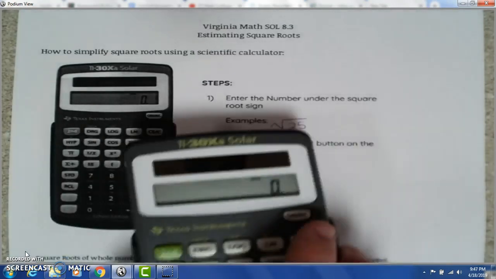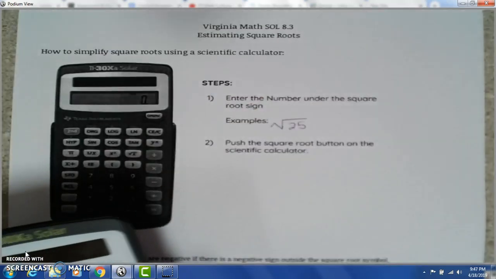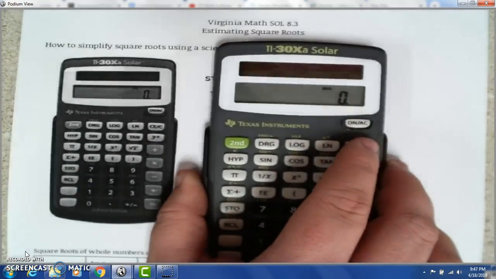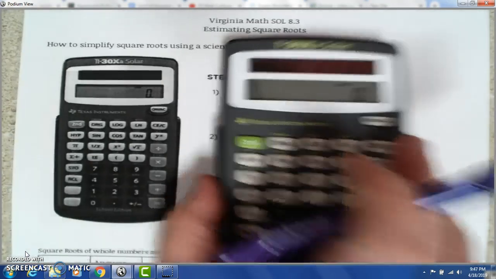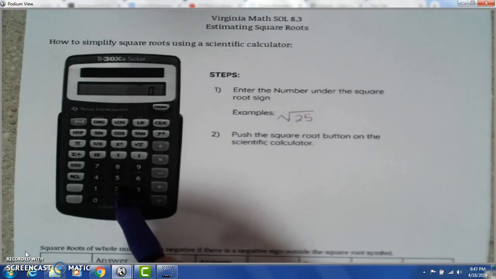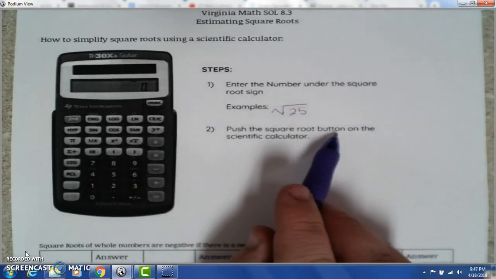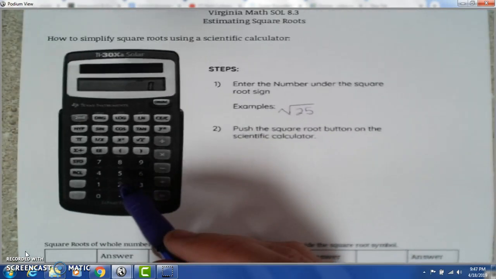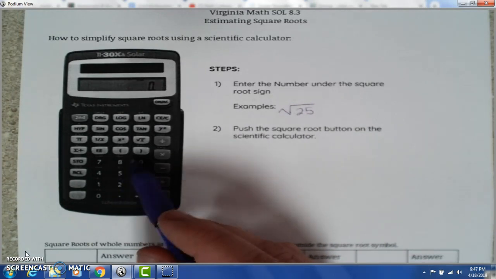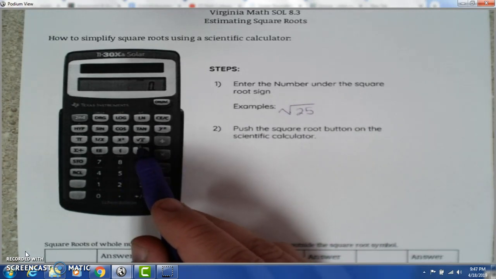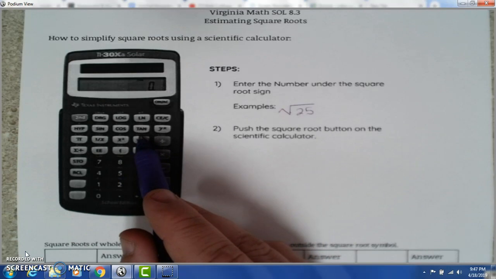Step 1 is that you enter the number under the square root sign. So that's going to be a 25. On your graphing calculator, I'll go ahead and mimic it here. You push 25, and then you push the square root button on the scientific calculator. You hit that button right beside the divide, right above that parentheses.